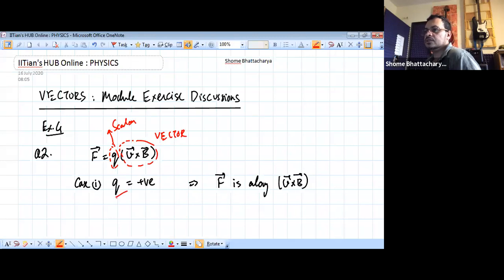So if that scalar quantity is positive, that means the left hand side is parallel to v cross B. If it is negative, then it would have been opposite or anti-parallel. Is this point clear to all of you?